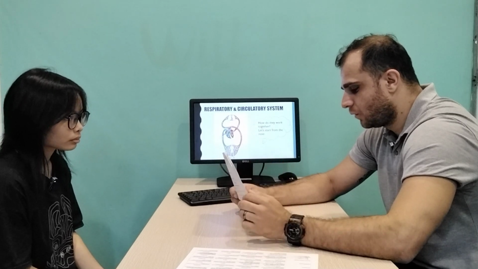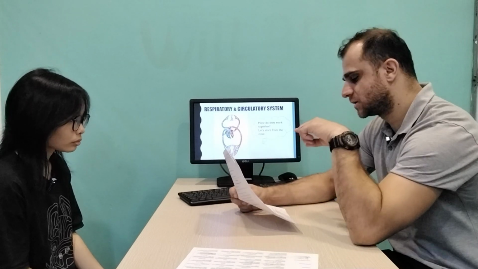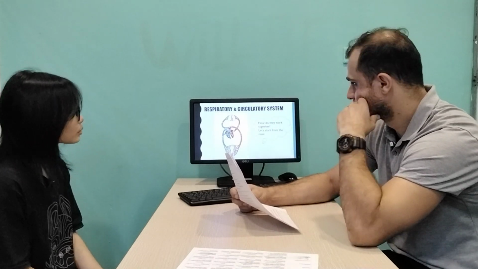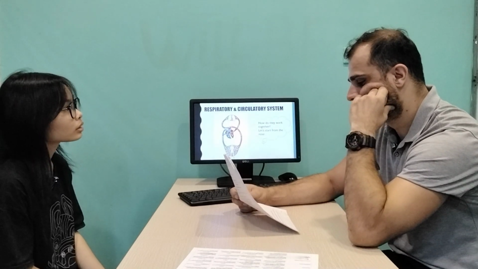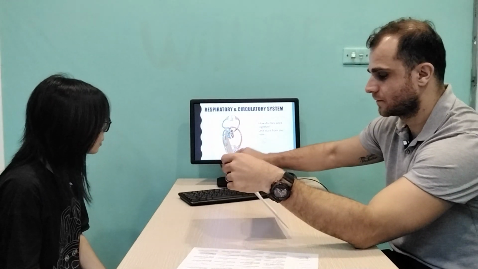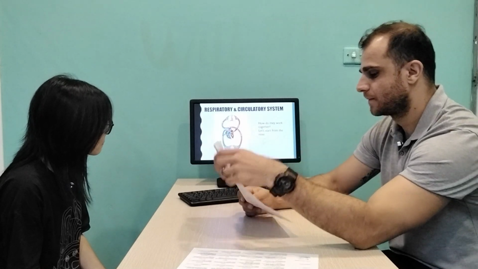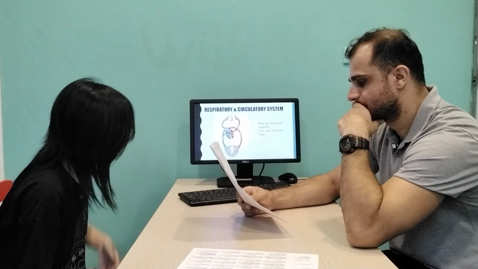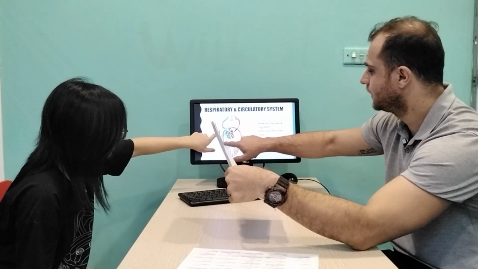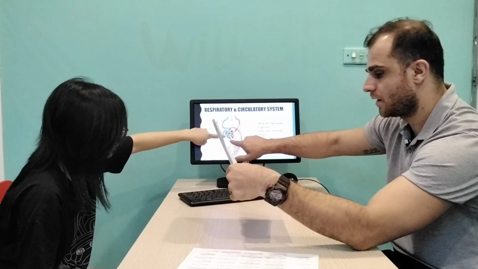So which carries the blood with the oxygen from the lungs to the heart? It starts from the capillaries. Yes, and then it carries the blood to the vein, and then to our heart.